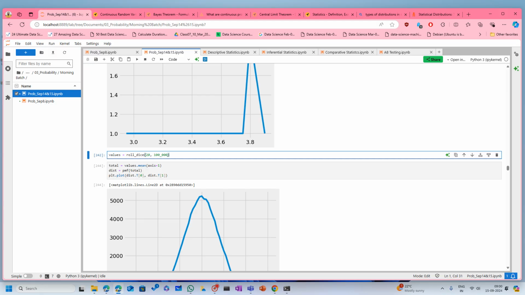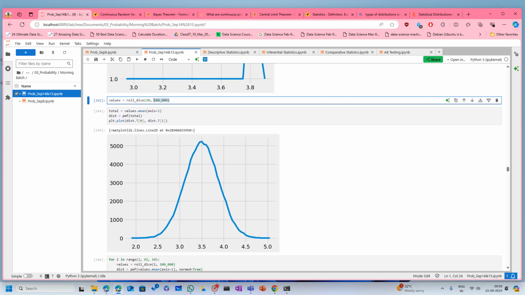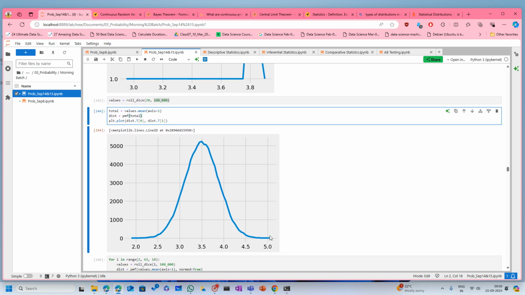But if I increase the number of times, instead of 10 times I'm going to repeat the same experiment 1 lakh times and calculate their means. Now you see, on the x-axis you are seeing the z-score.